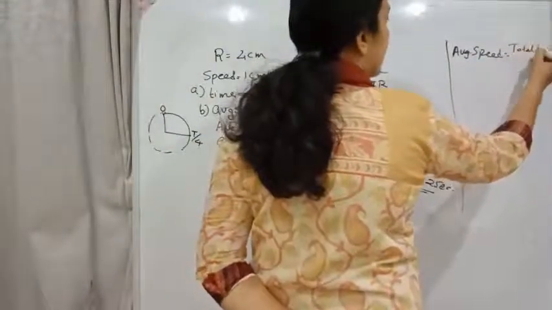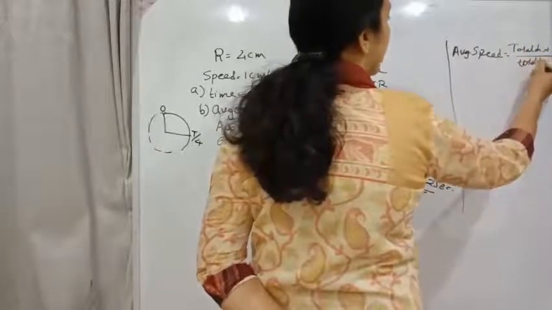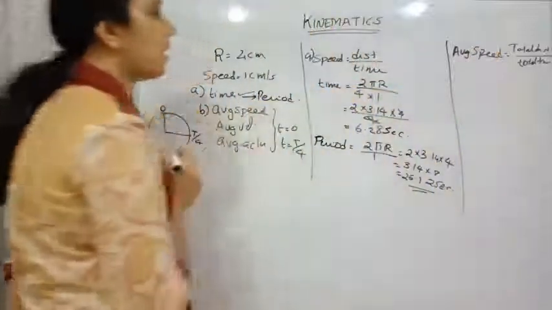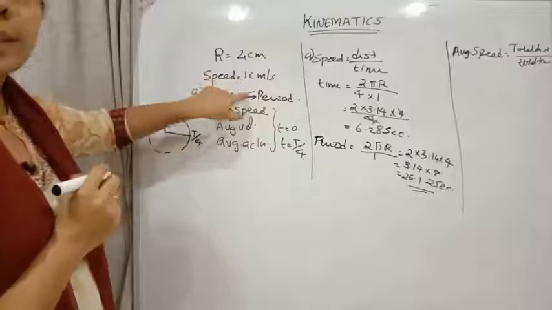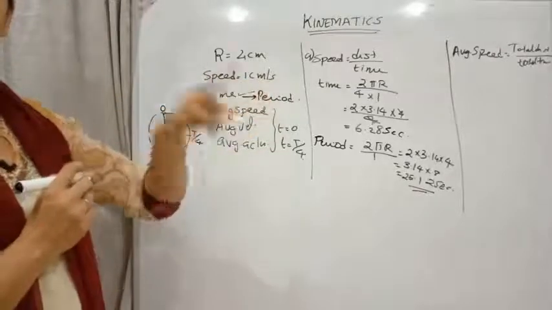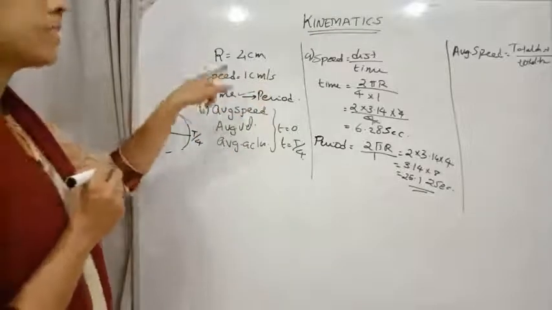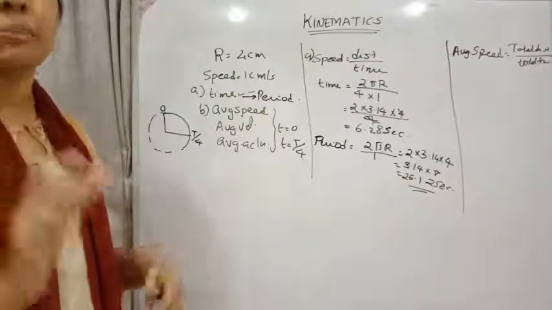What will be the total distance traveled divided by total time? Here we know that it is moving with a constant speed of 1 centimeter per second. So average speed will be equal to the constant speed which is given, because speed is not changing. Speed is remaining constant.